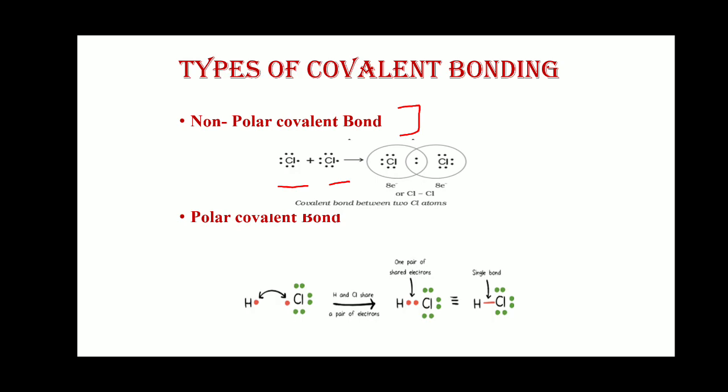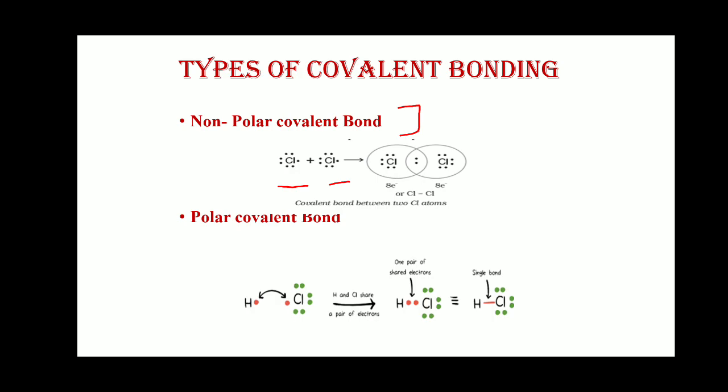But in non-polar covalent bond, there is no difference in electronegativity, because both the atoms are of the same element, Cl. So there is no difference in electronegativity, and no polar bond formation takes place. So that is a non-polar covalent bond. This is the difference between non-polar and polar covalent bond. So there are two types of covalent bonding, one is non-polar and one is polar.